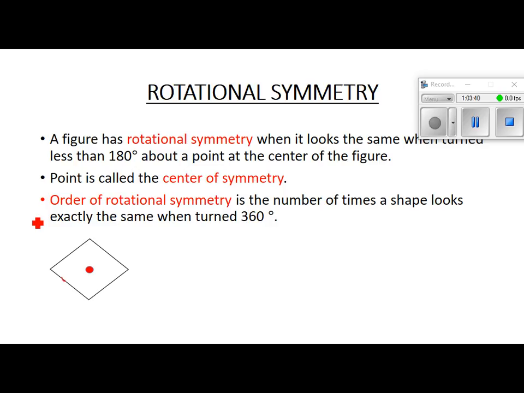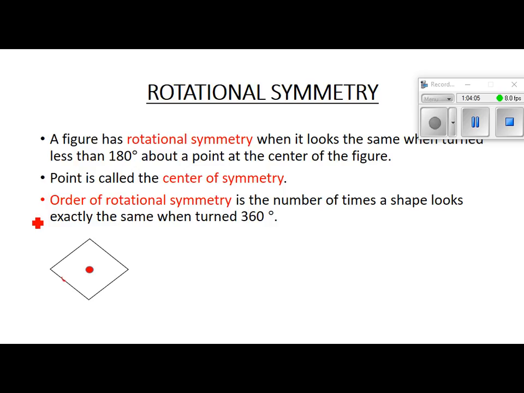Don't make rotational symmetry very hard. If I took this shape and the X is on top and I stuck something right through the middle there, tell me to stop when it looks the same as it does right now. That's 1. That's 2. That's 3.